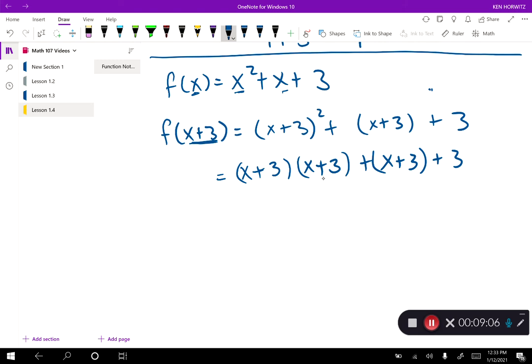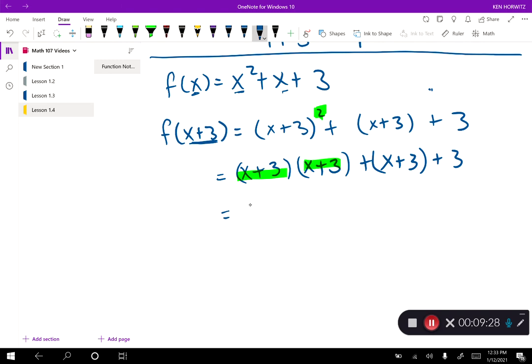So we're following the order of operations. We're starting with our first term, and our first term had our square, so we have to deal with that first. The way we dealt with it was saying that squared means this number times itself. And now we have to multiply those two things out.